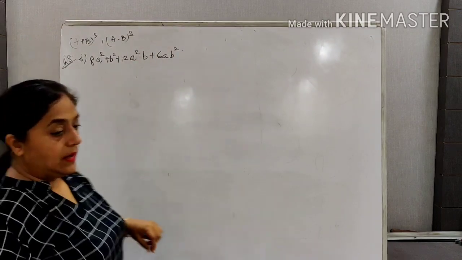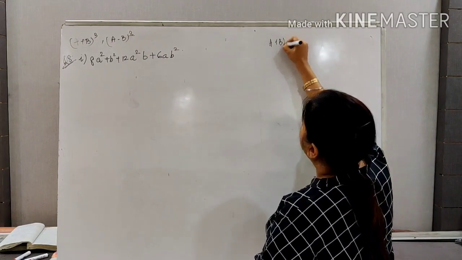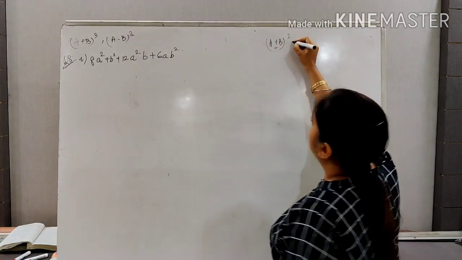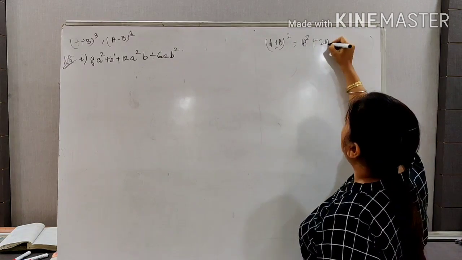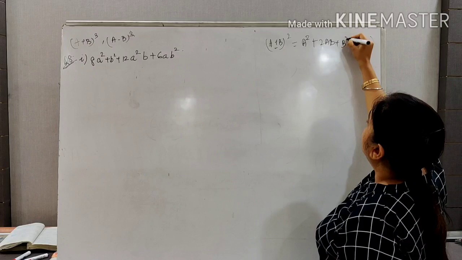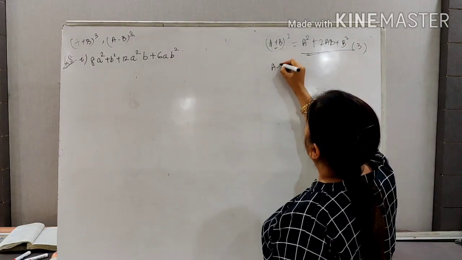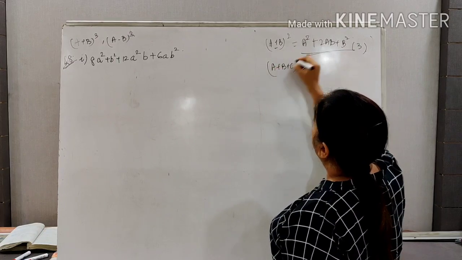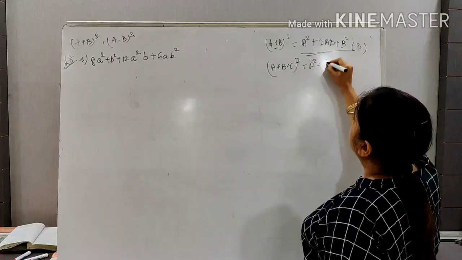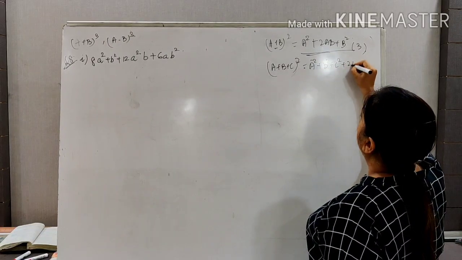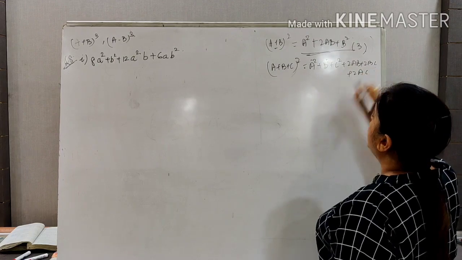Again, I am recalling this for you people. When I said a plus b whole square or a minus b whole square, it was a square plus 2ab plus b square. That is, in the expansion we had 3 terms. Similarly, when we were doing a plus b plus c whole square, it was a square plus b square plus c square, 2ab, 2bc and 2ac.